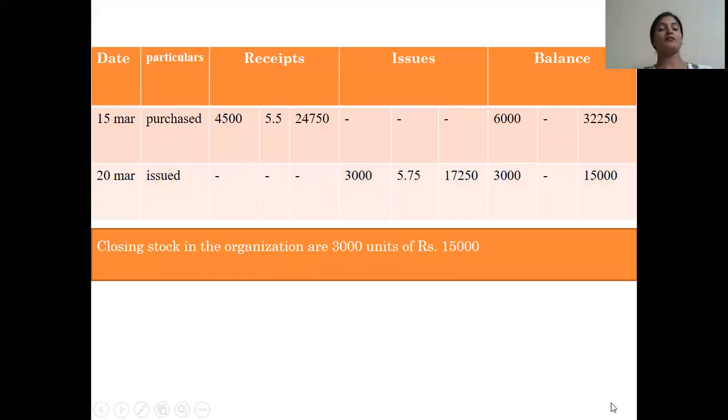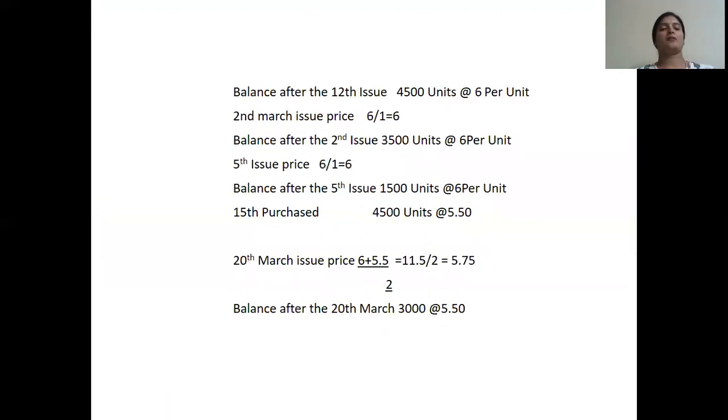Next, on 15th March, you have purchased 4,500 units and the cost per unit is 5.5. So you will get the amount 24,750. Now, as I said, immediately after the purchase, you need to go for the balancing. See here, balance after the 5th issue, how many units were left over?